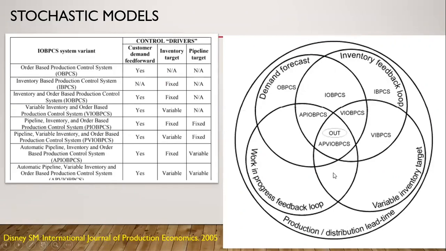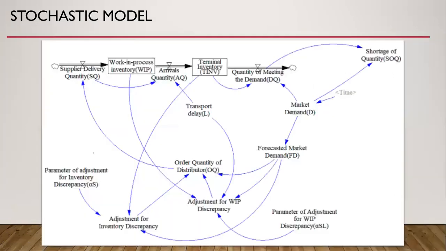And in the recent article, which I mentioned in my previous slide, the model used is APIOBPCS, that is automated pipeline. And in that article, a simulation was done to validate this model. So let us see in detail various quantities.